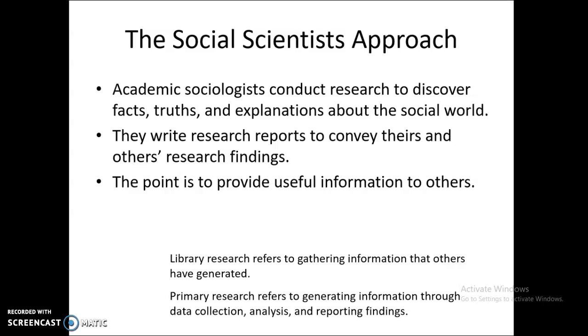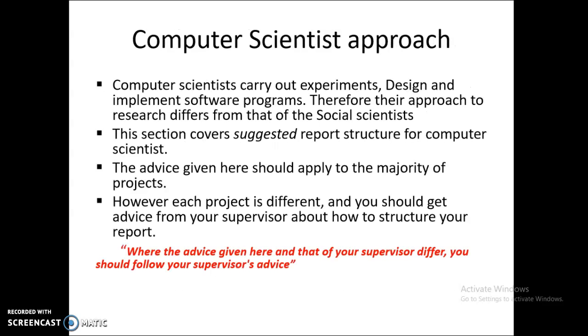Social scientists also do primary research, where they go to the field, gather the data, manage the data, clean it well. They have data management processes, and after that they do analysis and report their findings.